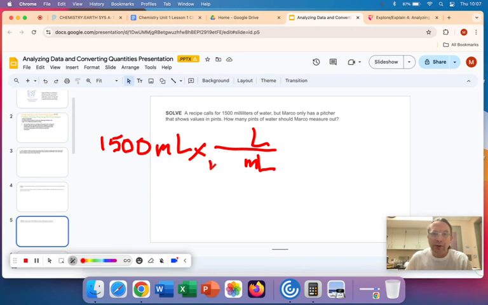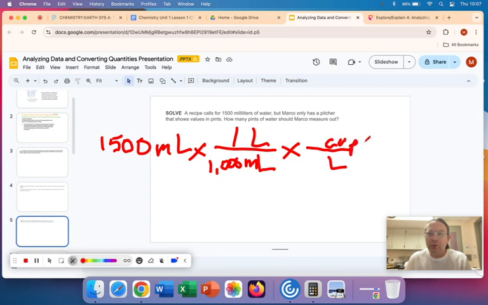So there are 1,000 milliliters in 1 liter. Okay? Then cancel those units and multiply your answer by liters to cups.